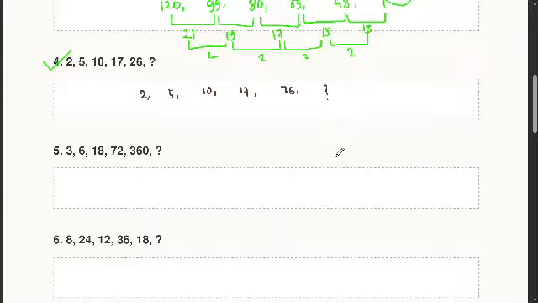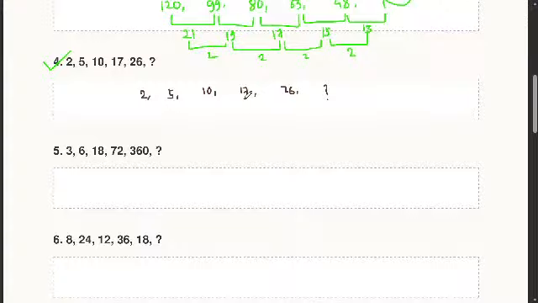Now, if we take the bigger number, the biggest number is 26, then 17, then 10, then 5, then 2. So we can see that this number is very near to 17. 17 is very near to 10. Okay. So here it is also a subtraction addition case.